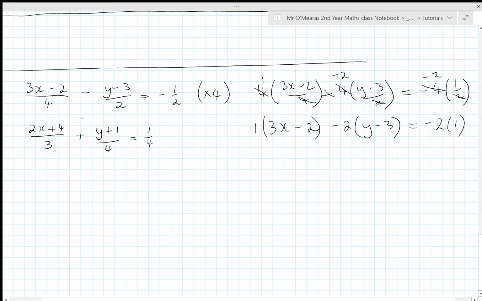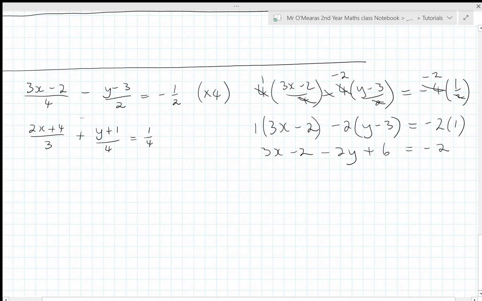You might say that's a waste of time, but most of the mistakes we see in these ones are where people forget the minus sign, don't do it properly, or try and do a couple of steps together. So that leaves us with 3x minus 2, because 1 times 3x and 1 times minus 2 is that. Minus 2 times y is minus 2y. Minus 2 times minus 3 is plus 6. And on the other side, we have just minus 2.